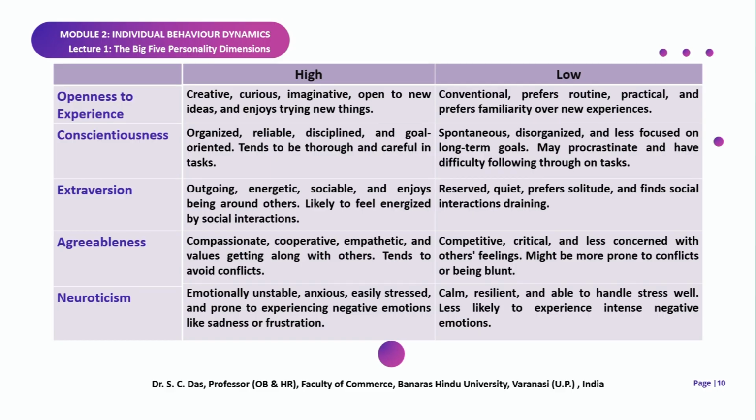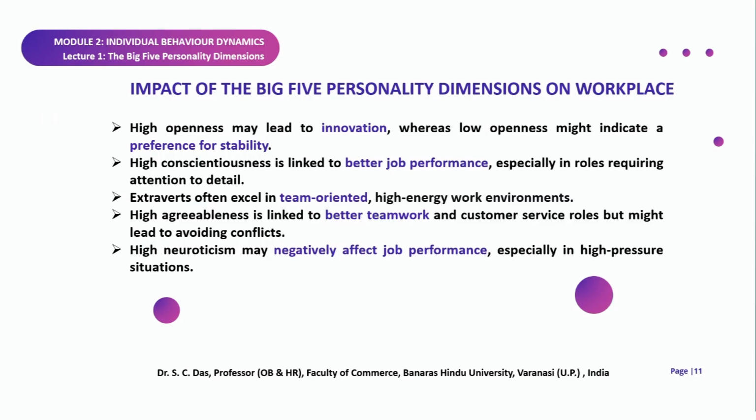Without understanding others, you may not be a good competitor. Neuroticism: emotionally unstable, easily stressed and prone to experiencing negative emotions like sadness, frustration; low is calm, resilient, able to handle. I think these are the low-high symptoms.